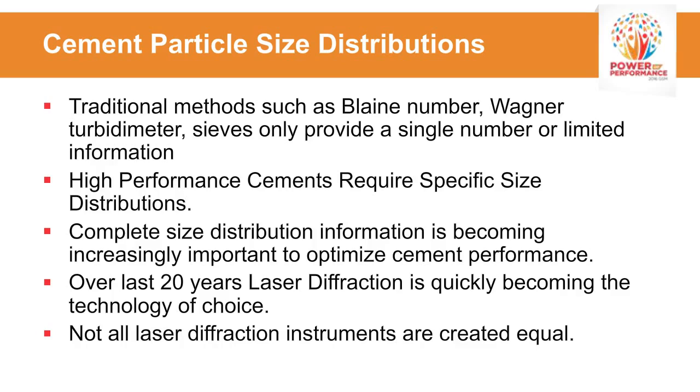And what has happened over the years is that high-performance cements have been needed with more stringent requirements, so the particle size distribution information is needed in more detail to more properly control the quality of the cement versus its desired performance.